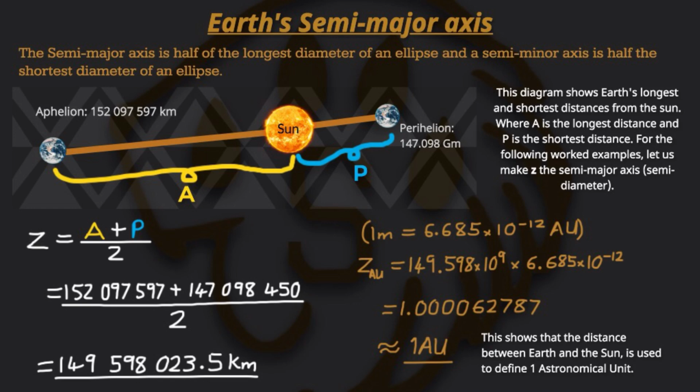So it's more of an assumption that we're dealing with a perfect circle in terms of the shape of the orbit. So we substitute the a and the p, then we divide by 2, and then we get 149,589,023.5 kilometers, and that's in kilometers. Take note of that.